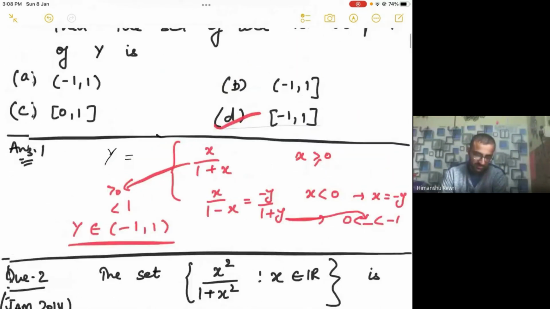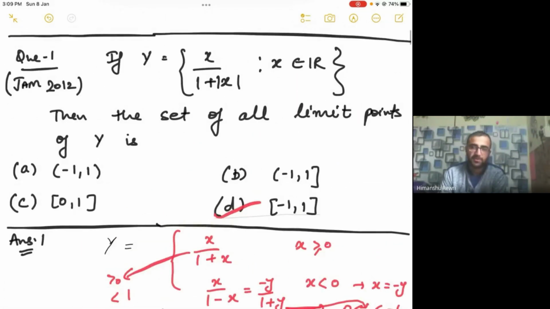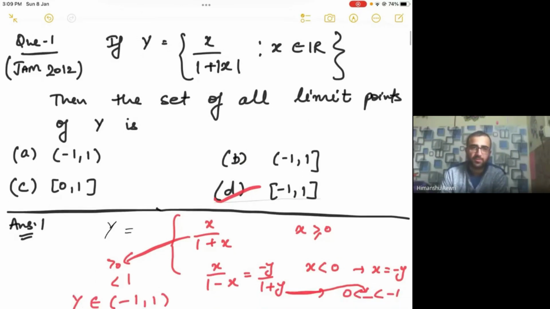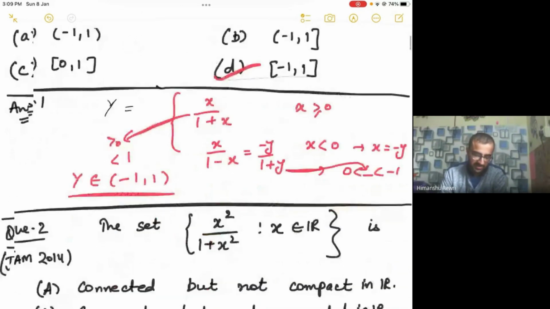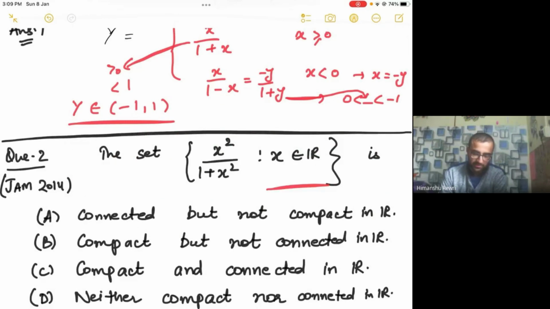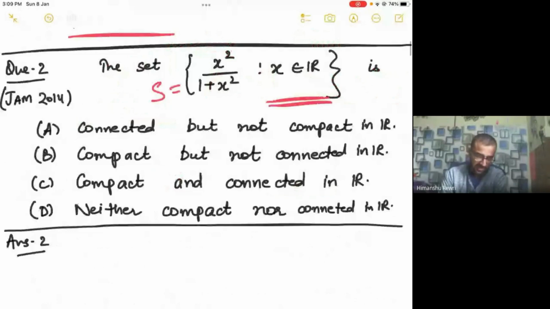In question number 2, the definition of the set is similar to that of question number 1. So first tell me how this set will look like. Say this set is S. Then how does S look like?